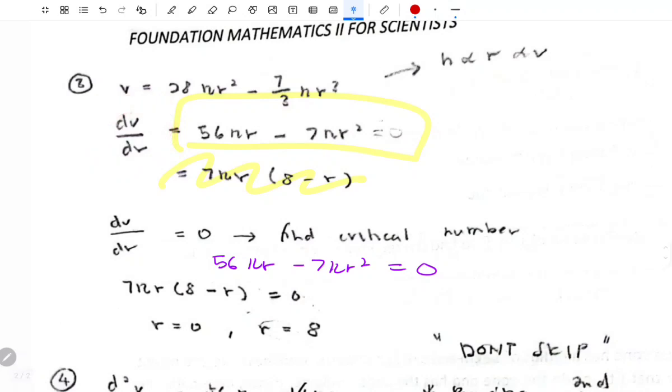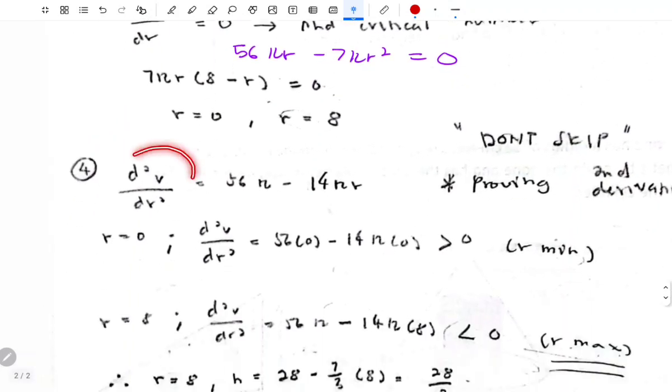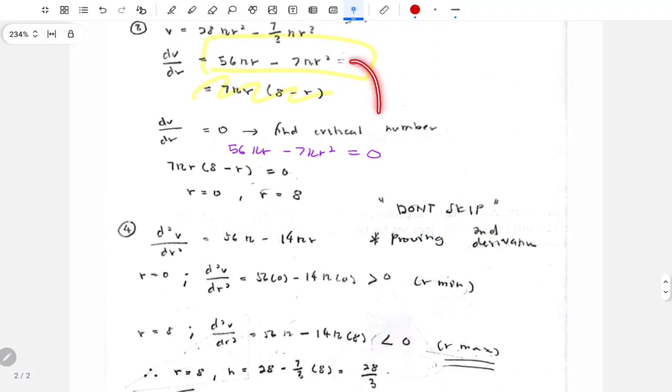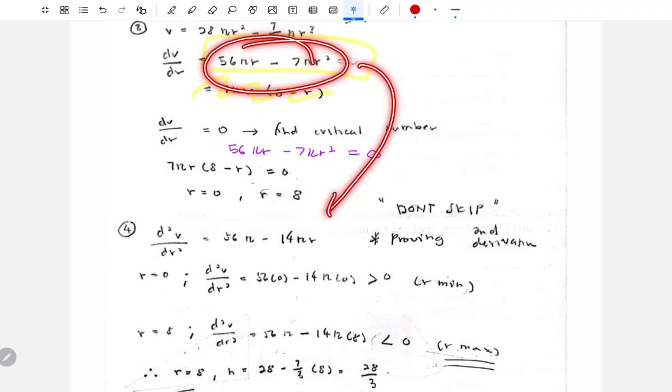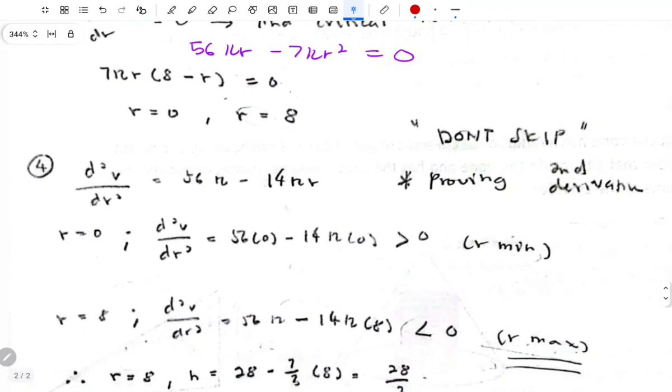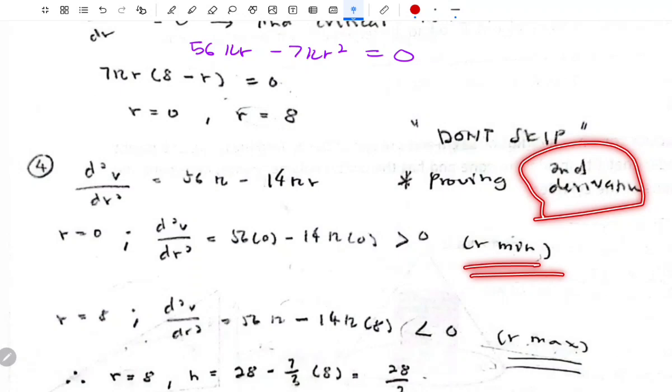So we need to differentiate again. And this one is the second derivative, which I derived from here. Try to differentiate this one and you will get this one. The second derivative is used to know the maximum or minimum.